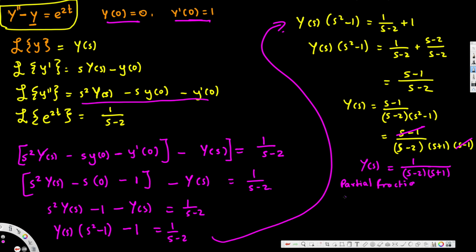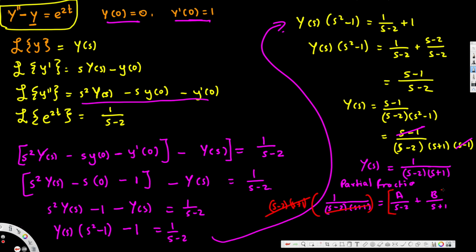In partial fraction, 1 over (s minus 2)(s plus 1) can be written as A over s minus 2 plus B over s plus 1. Then we multiply both sides by the denominator, (s minus 2)(s plus 1). Here the denominator cancels.